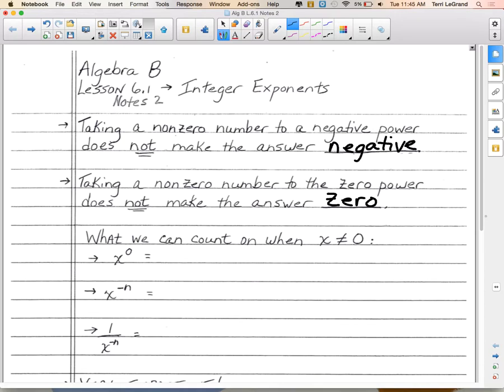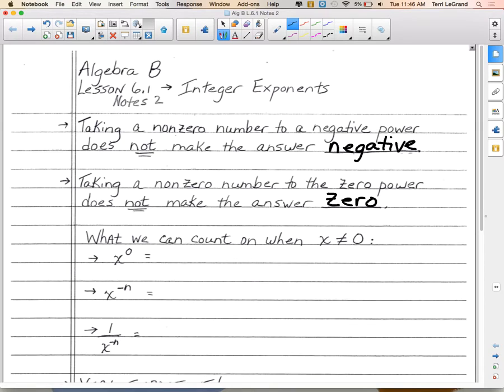What if the base was 10? 10 to the 3rd power, 10 to the 2nd power, 10 to the 1st power, 10 to the 0 power. Every time we would not be dividing by 3, now we would be dividing by 10. When we got to 10 to the 1st power, that's 10. And what's 10 divided by 10 for the 0 power? 1. Every time you divide something by itself, you're always going to get 1.